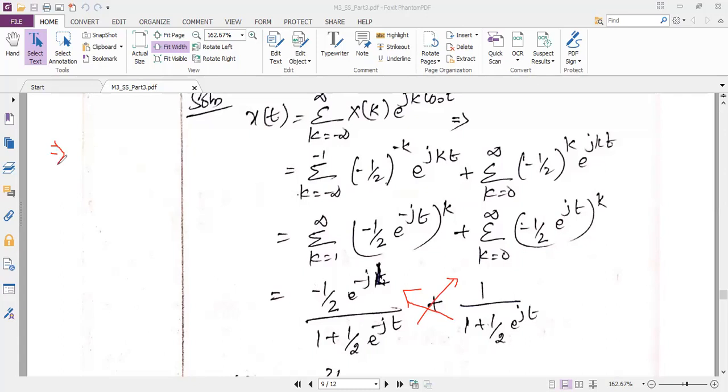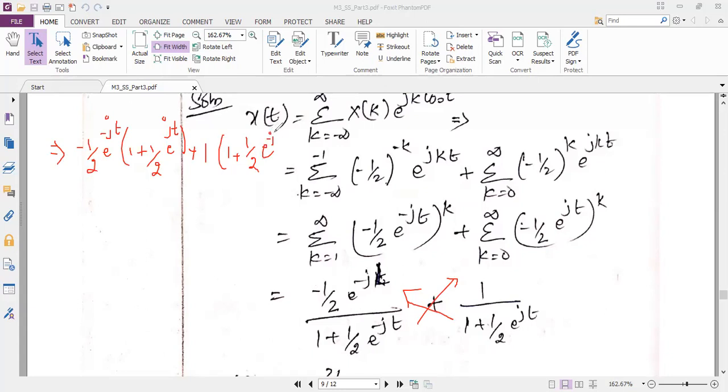So when you cross multiply, you will get 1 by 2 e power minus jt multiplied with 1 plus 1 by 2 e power plus jt, then plus 1 multiplied with 1 plus 1 by 2 e power minus jt.